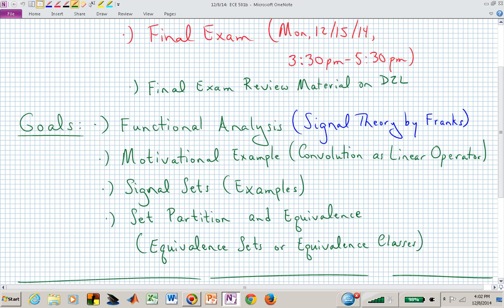Today what we want to do is start the second book of the semester, or the second textbook for the course. We may not get all the way through that textbook, but at least we will get a start, and you will start to see the connection with the finite dimensional material that we've covered or worked on, and this infinite dimensional material, which is covered through the idea or the concept of signal theory.